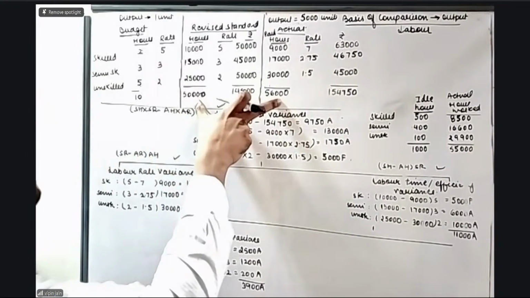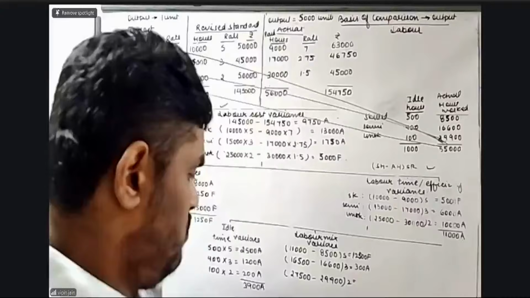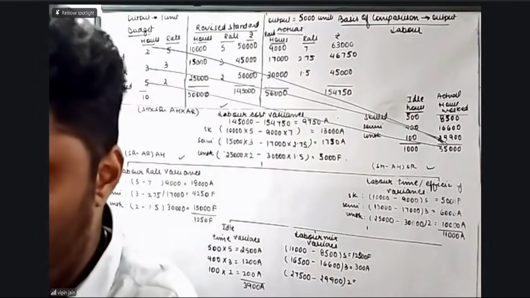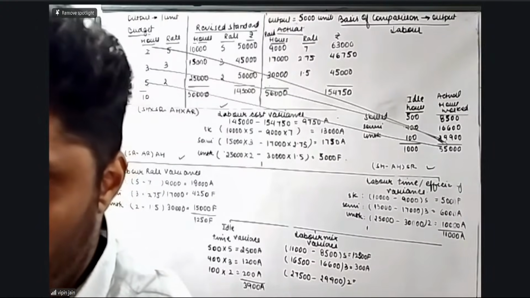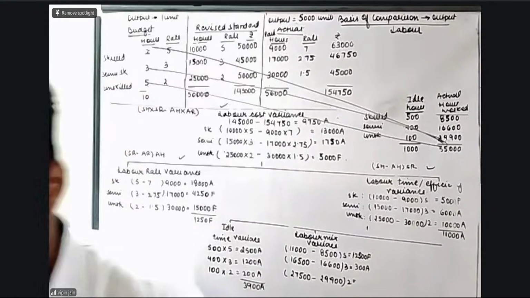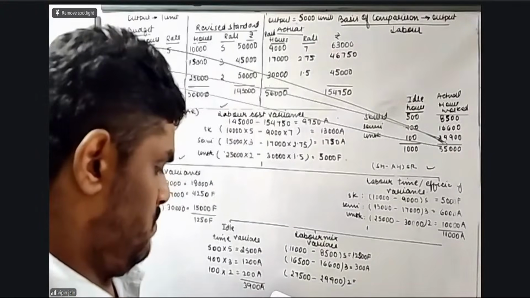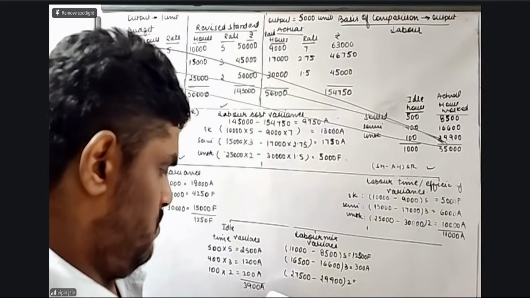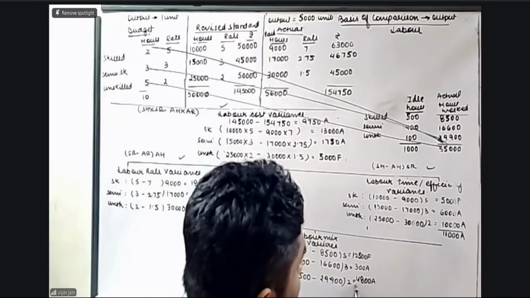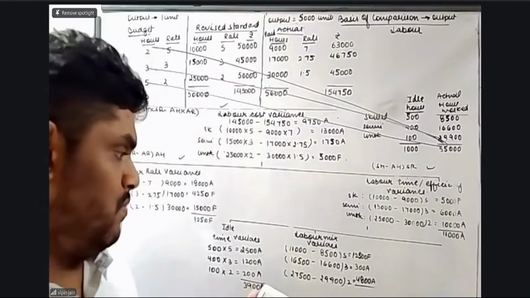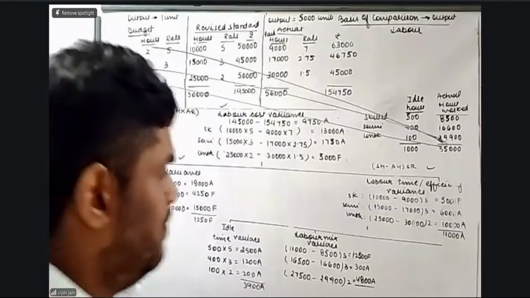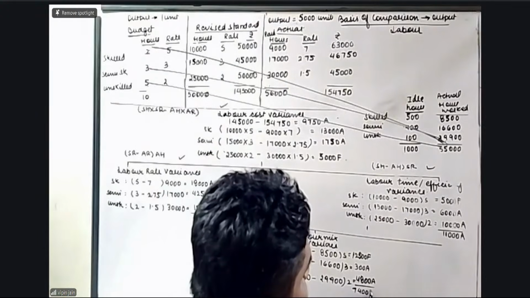See the total difference of hours is 50,000 and 56,000. This will be 7,400 favorable.